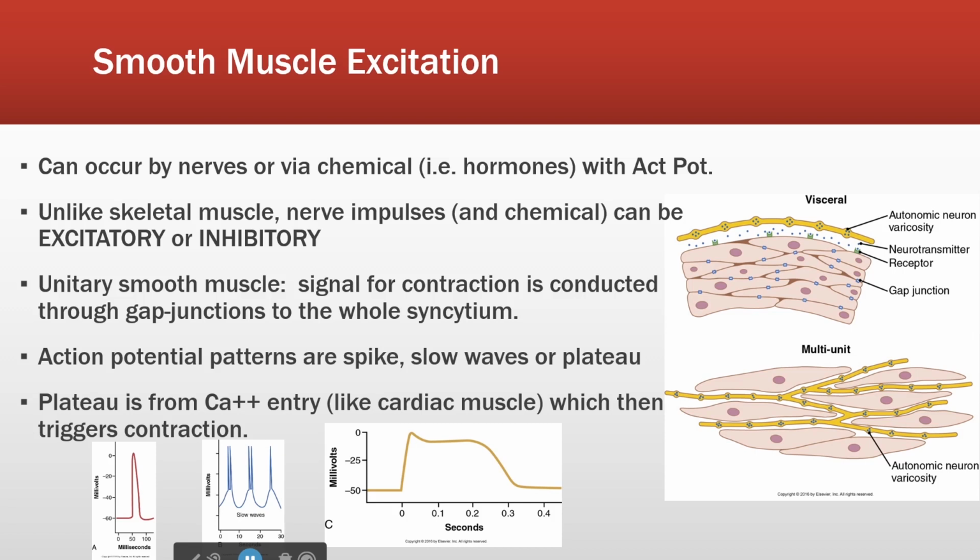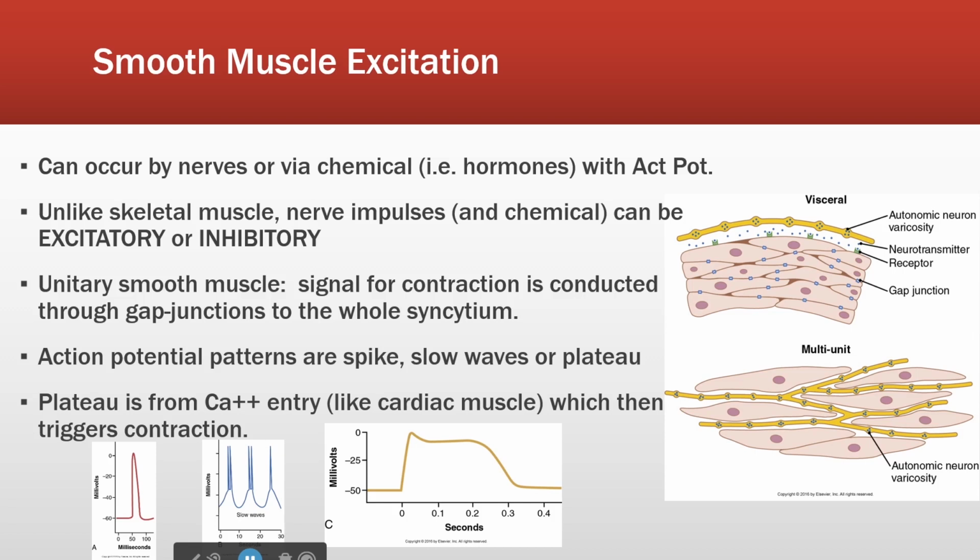In unitary smooth muscle, the cytoplasm of the cells are connected together through gap junctions. Gap junctions are a little bit like a straw or a doorway between two cells. It allows ions in one cell to travel to another cell, right? That's a gap junction.